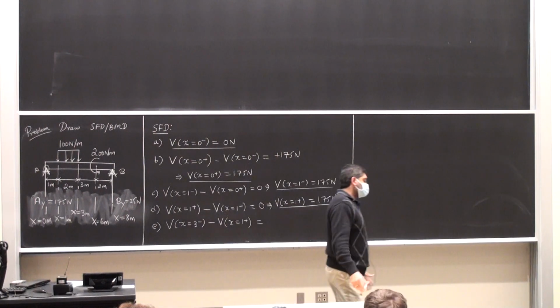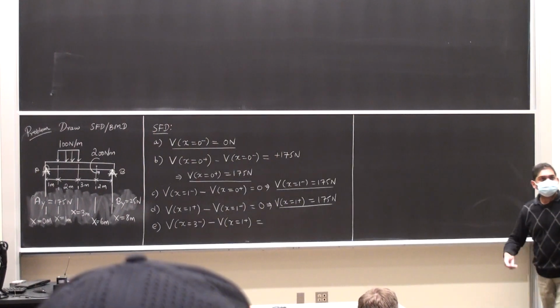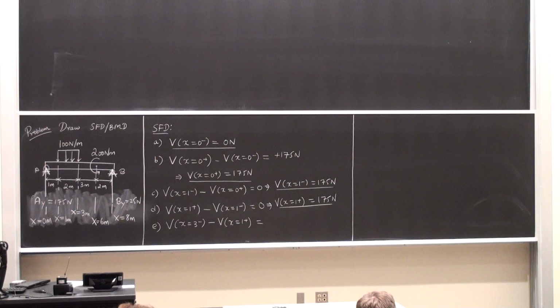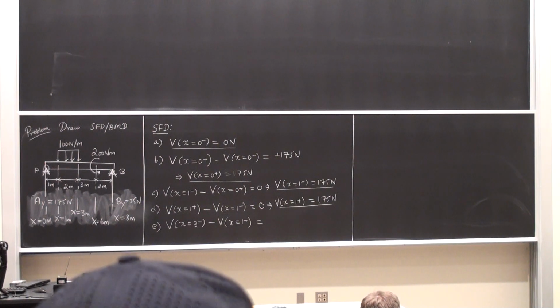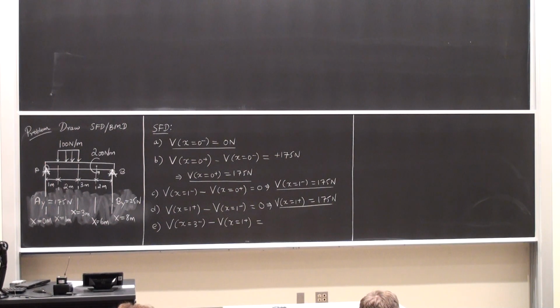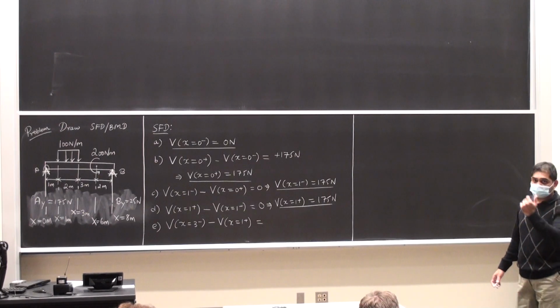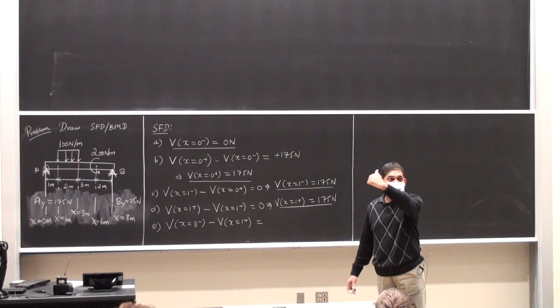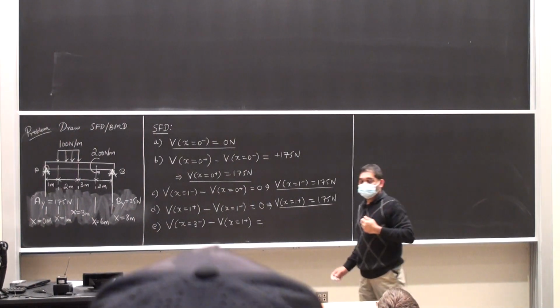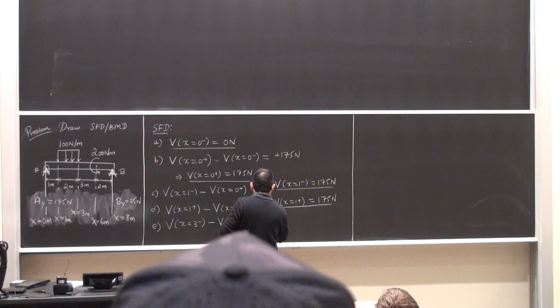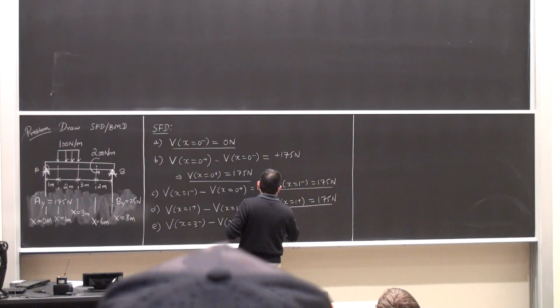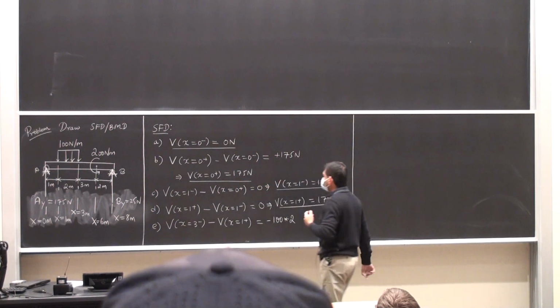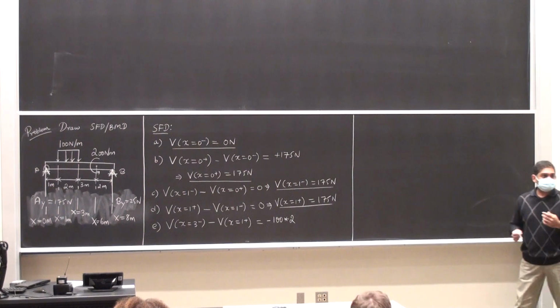What is the value of this change? It is the area under the distributed loading curve. What is the thing that you've got to be conscious of? What's the direction of the load intensity? It's pointing in the negative y direction, so it has to be the negative area. Okay, so this is going to be minus 100 times 2.